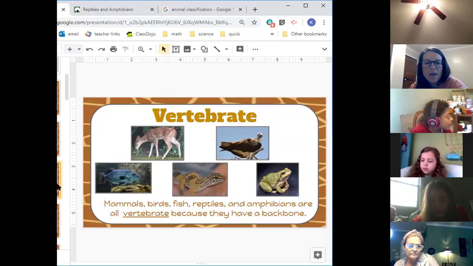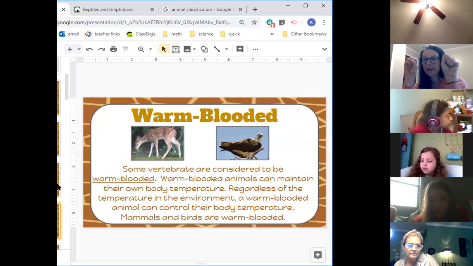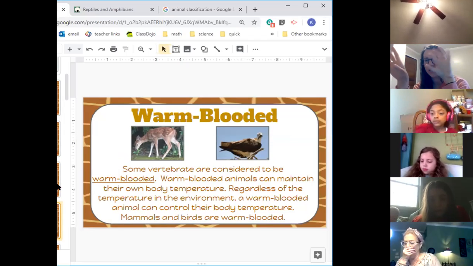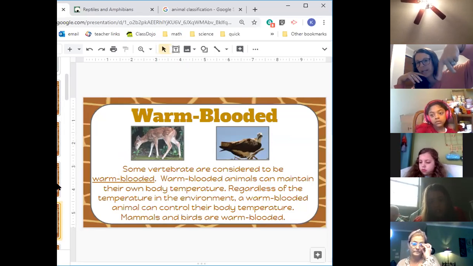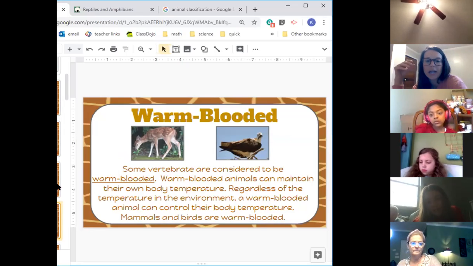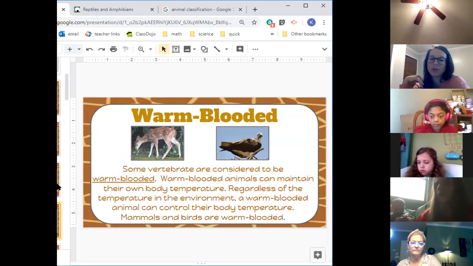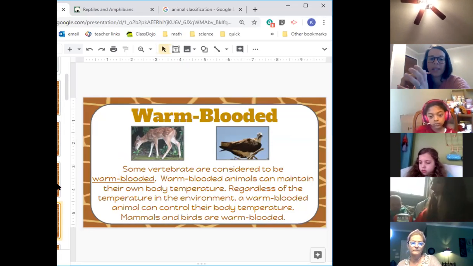Then, after we classify between vertebrate and invertebrate, we're going to take the vertebrates and classify them even further into 2 categories: warm-blooded and cold-blooded. Warm-blooded literally means that they can maintain their own body temperature. So regardless of the temperature in the environment, a warm-blooded animal can control its body temperature.